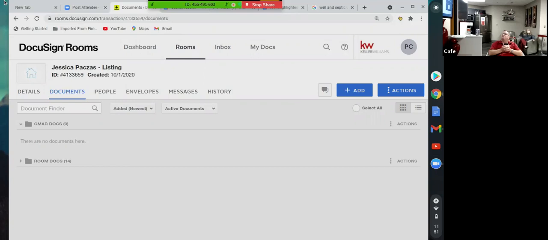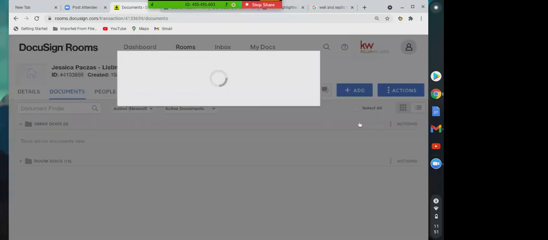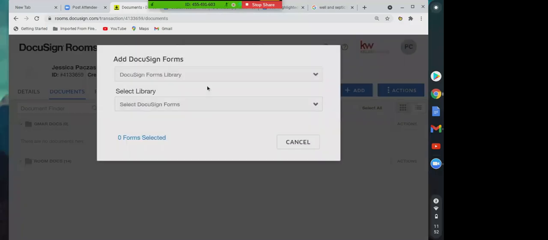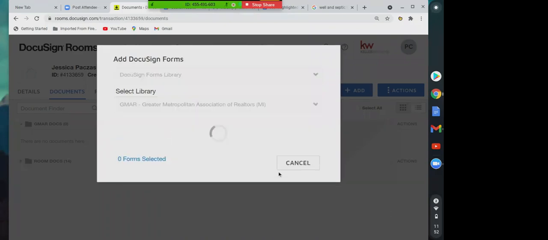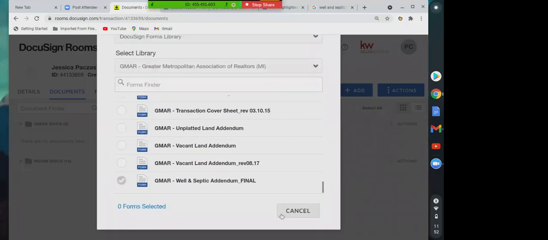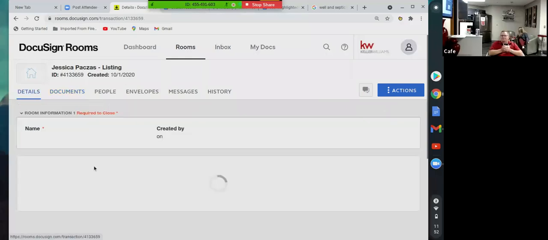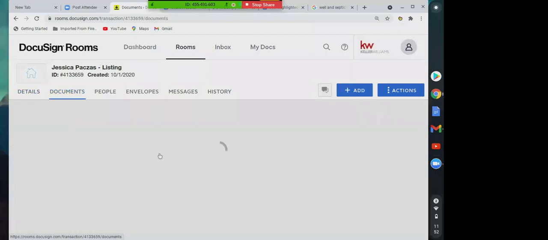But then you're importing it and putting it into DocuSign? Yes. If I can't access it in DocuSign, all I would do is download it from either RealComp or Dotloop and then upload it into DocuSign. That's my workaround. Now you're doing a lot more work to get to the same point. Right, but that's my workaround if it wasn't in there.